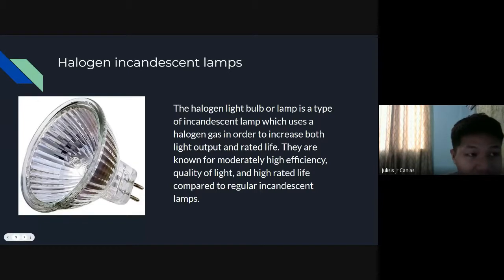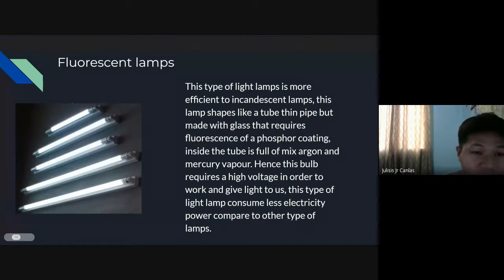Next one, the fluorescent lamp. This type of lamp is more efficient than incandescent lamps. This lamp is shaped like a thin tube made of glass with a phosphor coating that produces fluorescence. Inside the tube is a mixture of argon and mercury vapor. Hence, this bulb requires a high voltage in order to work and give light to us.